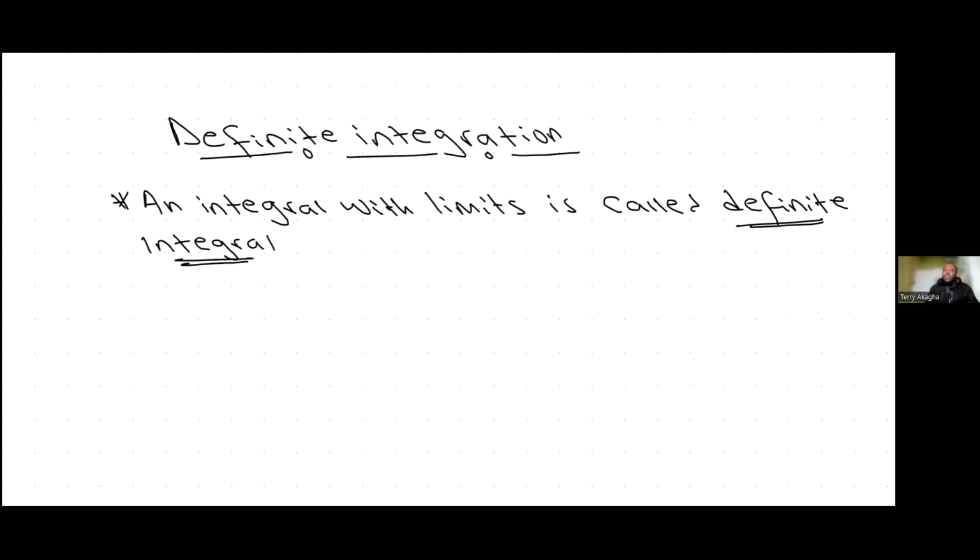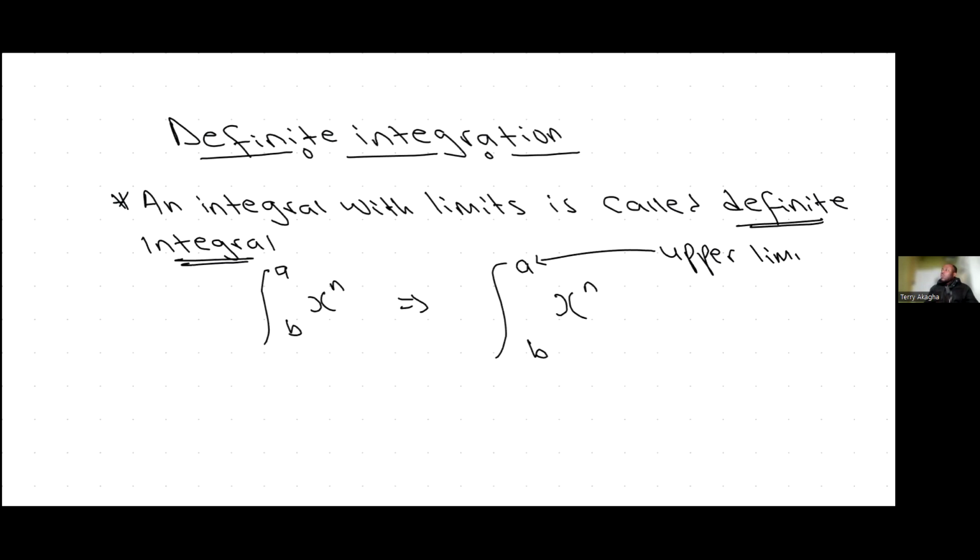That means you have an integral from a to b of x raised to the power n. This is what we call definite integration. In this example, the a here is called the upper limit, and the b here is called the lower limit.